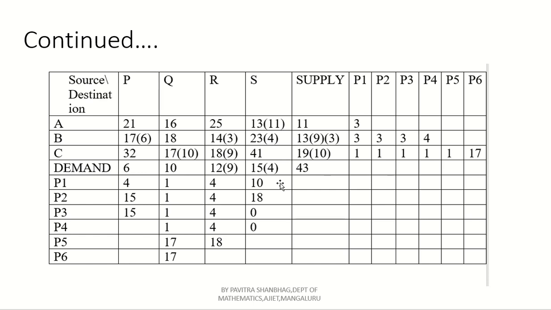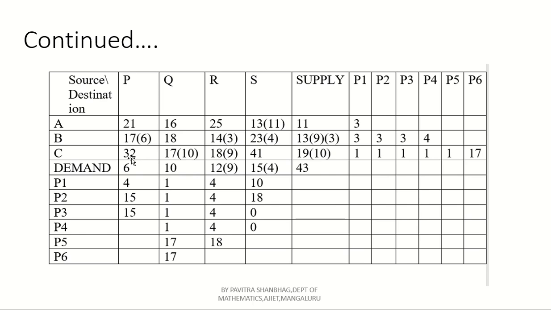Similarly, compute the penalty in each row. What will we get here? What are the two smallest numbers amongst these 4? 16 and 13. Take the difference, 16 minus 13, that is 3. That is the penalty. Okay. Next, 17 and 14 are the two smallest numbers amongst these 4. So 17 minus 14 means again 3, the penalty, right?